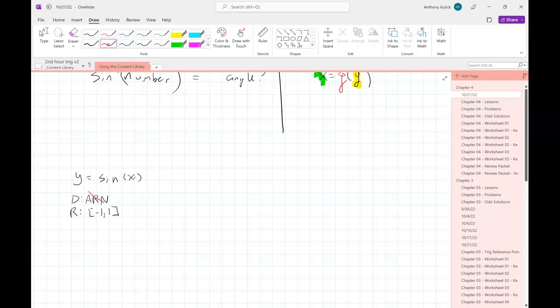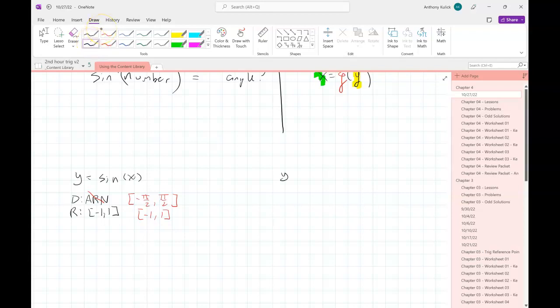What we did is we restricted its domain to -π/2 to +π/2. In doing so, though, the range still remained the same. That was the minimum amount of x's that we could keep and still keep the range the same. Everybody's okay with that?